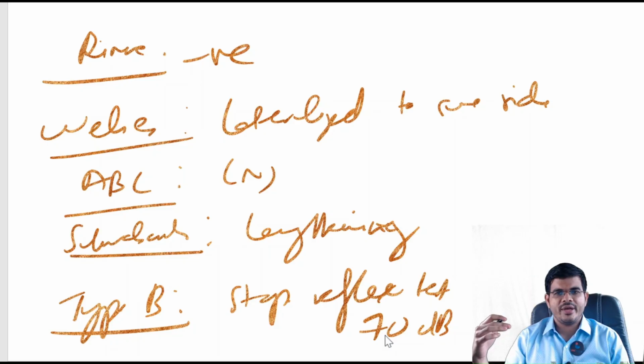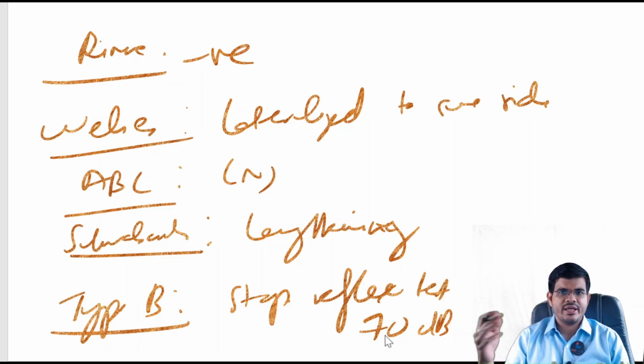And if the patient is given 70 decibel in case of a conductive hearing loss of about 40 decibel, he won't be able to get that reflex. Only if you increase the intensity of the sound up to about 110 or 120 decibel, only then the patient will be able to hear the sound enough to cause a stapedial reflex. Okay, so the reflex test when done may be absent.